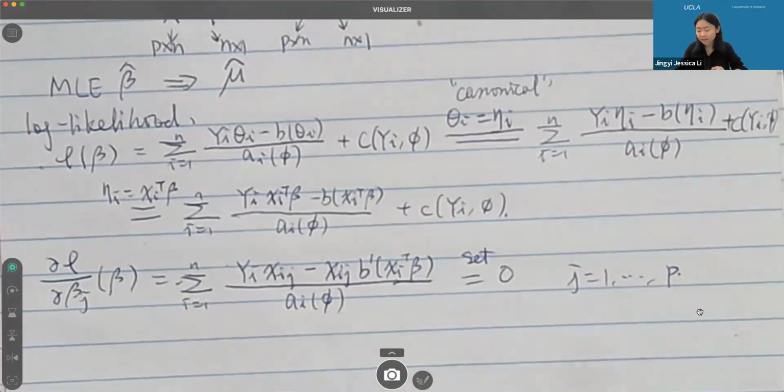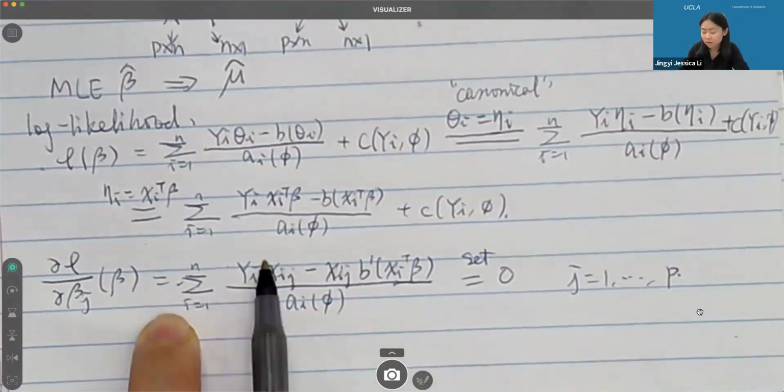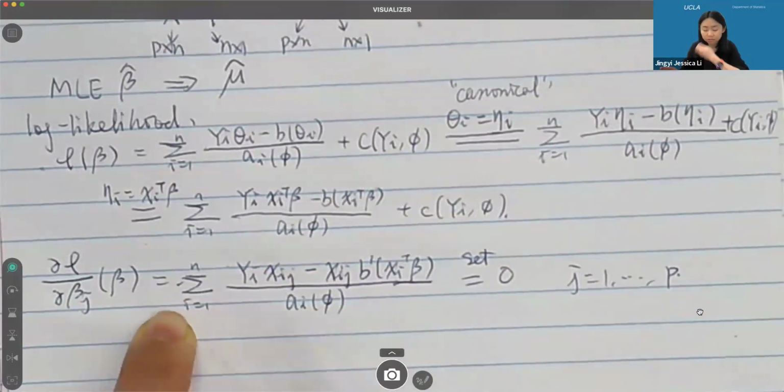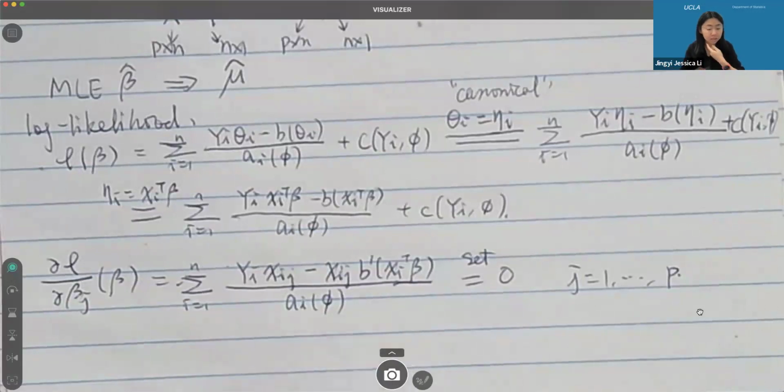Then by setting it to 0, I have this interesting thing. The denominator doesn't really matter because we're just setting the numerator to 0. Can I ignore the denominator?